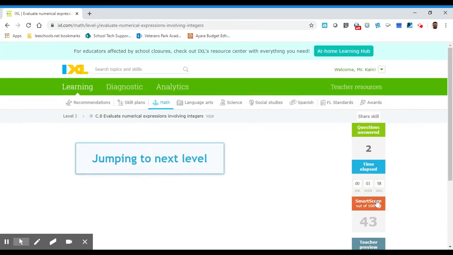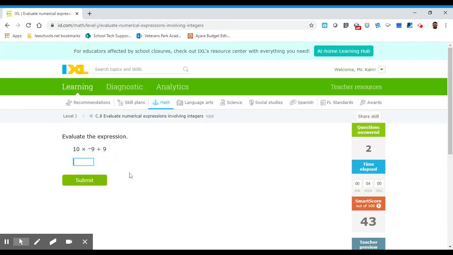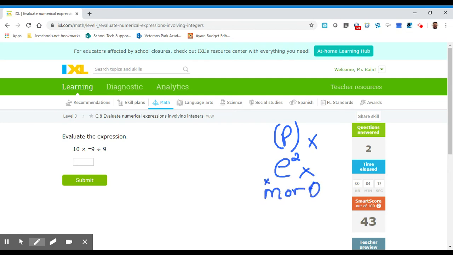All right, let's go all the way up to 43. Okay, so again, going through that process, are there any parentheses? No. Is there any exponents? No. Is there any multiply or divide? Divide. D for divide. There is, right? There's both. But we're going to do whatever comes first, left to right, because there's multiply here and there's divide here, but we're going to do this one first.